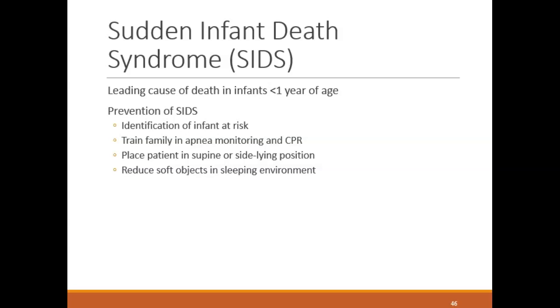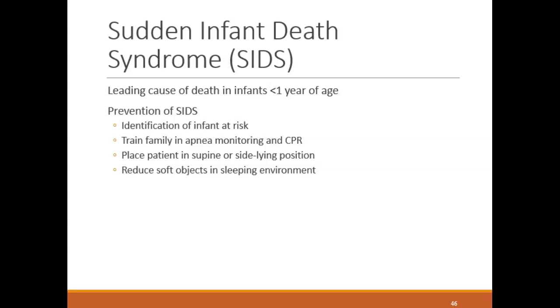That's just identifying those at-risk patients, giving education to family on monitoring their babies for apnea, especially if they're premature, and how to perform CPR until additional help can get there. The back to sleep movement of placing the patient supine or side lying instead of on their stomach, and not having a lot of toys or blankets or soft objects in the crib that they might roll over and suffocate against.